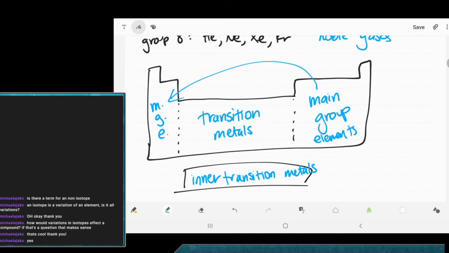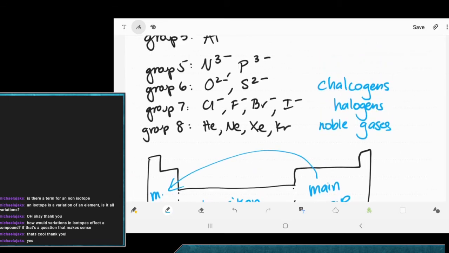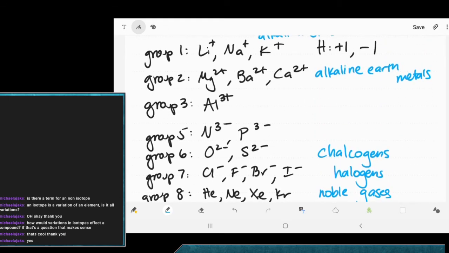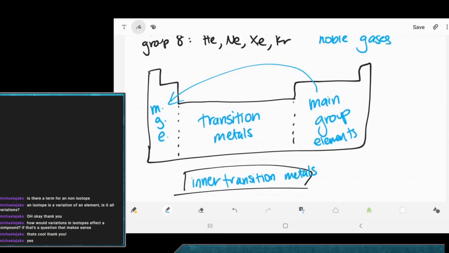So just some categories here. Those groups that I listed up here are all main group elements. In that middle block, we have the transition metals.